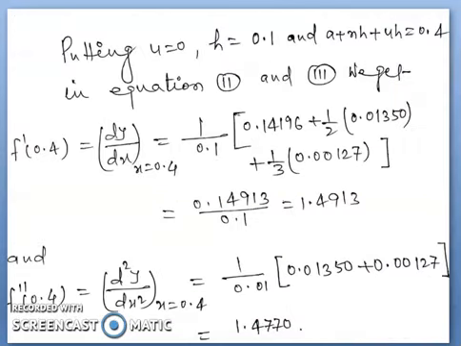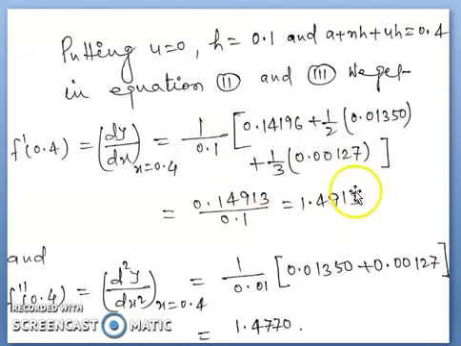Then after putting u equal to 0. What is u? U is x minus x0 divided by h. So it becomes 0. And what is h? H equal to 0.1, h is the interval, and a plus nh plus uh is the last term of the y series, that is 0.4. Now putting all these values in equation 2 and equation 3, we get f dash of 0.4, f dash means dy by dx at x equal to 0.4, becomes 1 by h, h means 0.1, of this value.